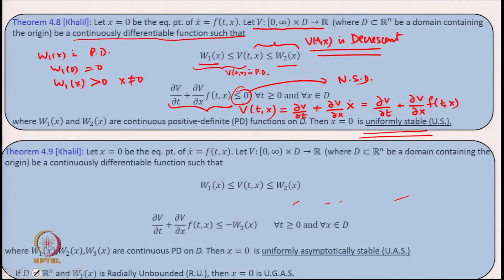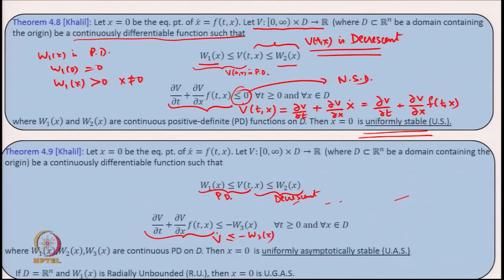Okay, so, the second important theorem is theorem 4.9 in Khalil, which is very similar to the previous condition. So, this just means that v of t comma x is positive definite. This means that v of t comma x is decrescent, and this condition implies that v dot is less than or equal to minus w3 of x.